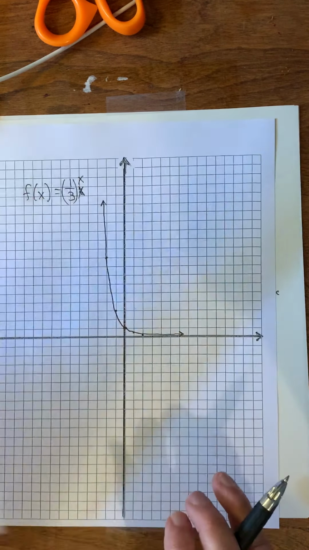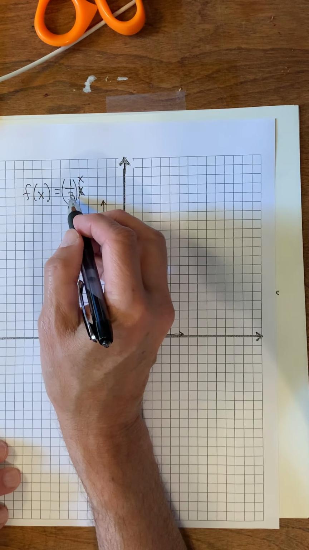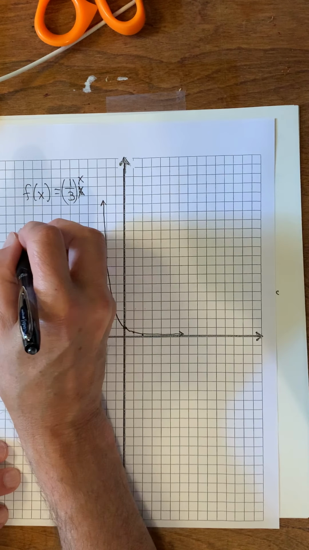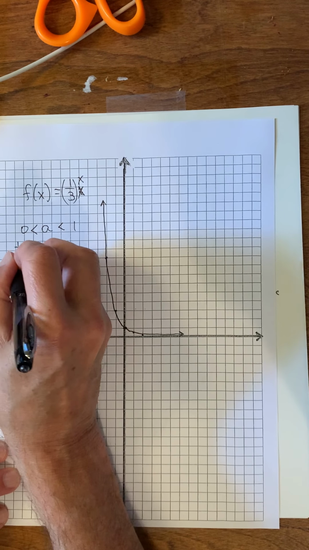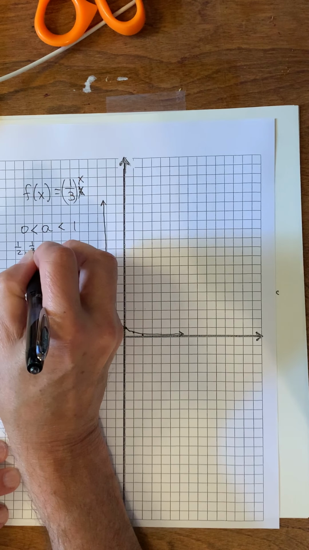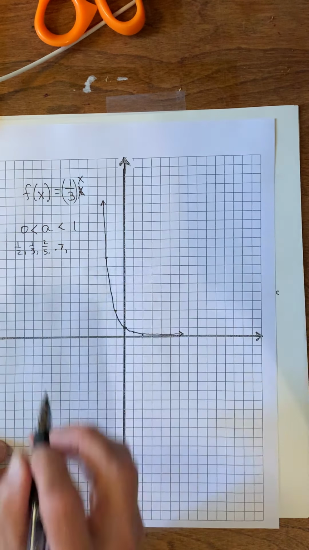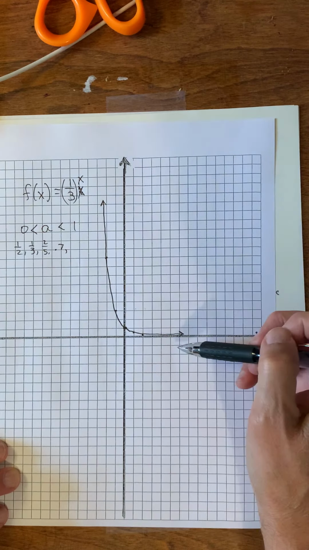If, however, remember a's got to be positive, my a is between 0 and 1, stuff like 1/2, 1/3, 2/5, 0.7, it's going to basically have this look right here.